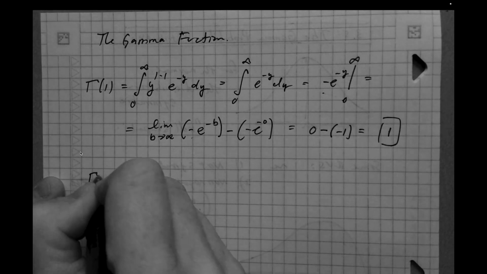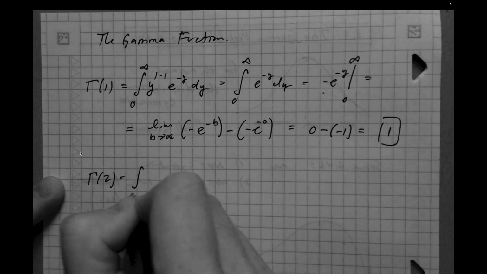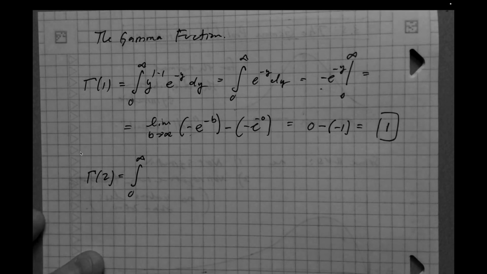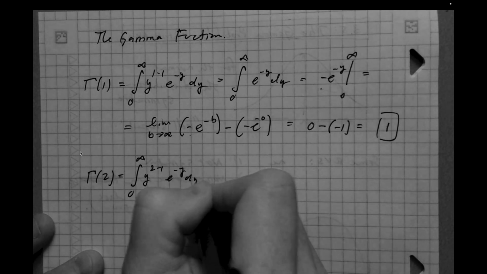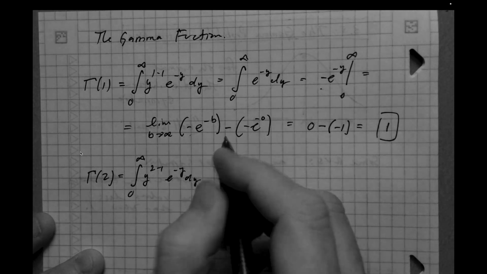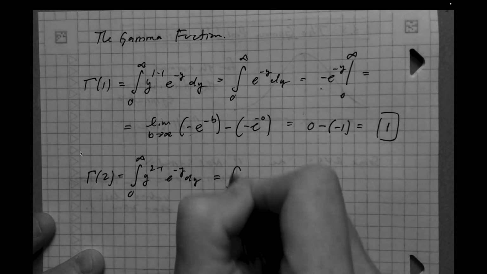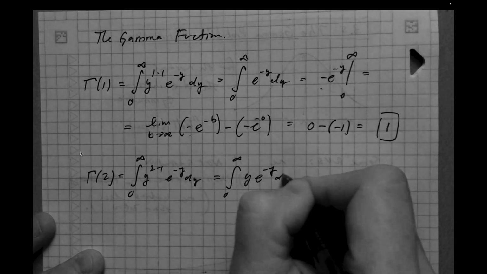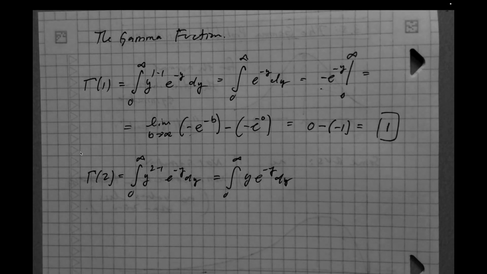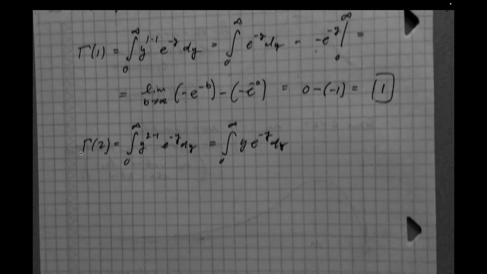What about the gamma function evaluated at 2? Well, it's going to be real similar, right? It's just going to be y to the 2 minus 1 e to the negative y dy. Okay, and so that's just the integral from 0 to infinity of basically y e to the negative y dy. And if you recall your calculus 2, you can use integration by parts to do this.